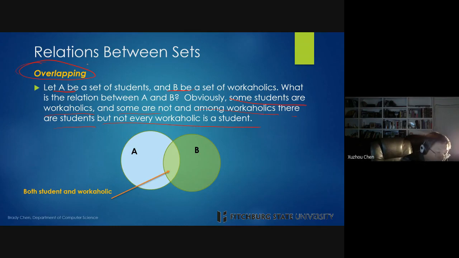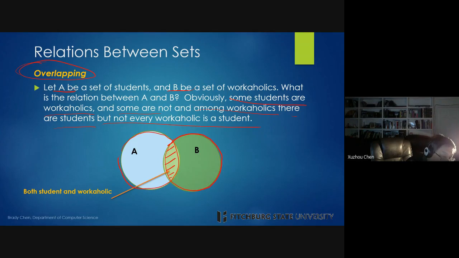That means A and B have a certain common part, but A is not a subset of B, and B is not a subset of A. So in this case, we use the diagram: we can draw the circle of A and the circle of B. And some of the elements in A are also in B, and some of the elements of B are also in A.